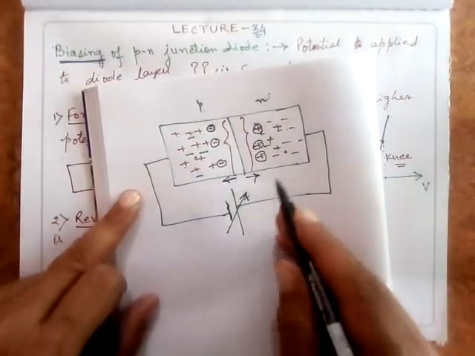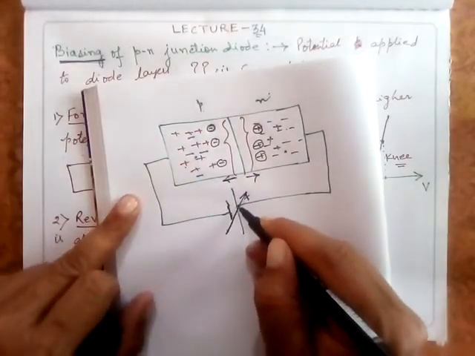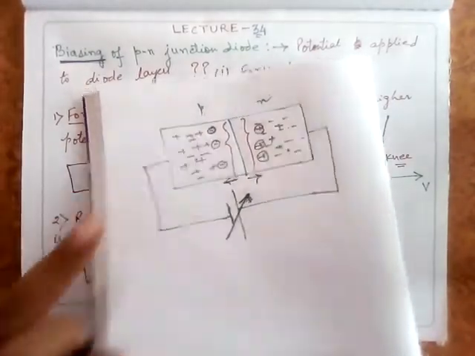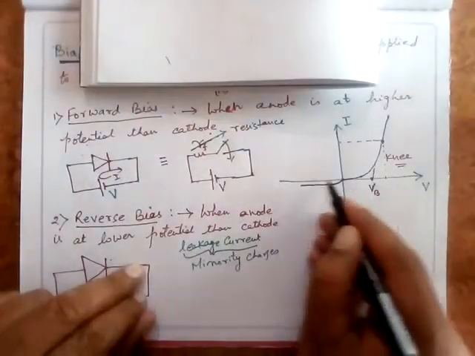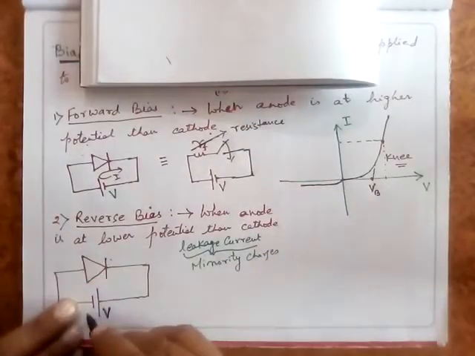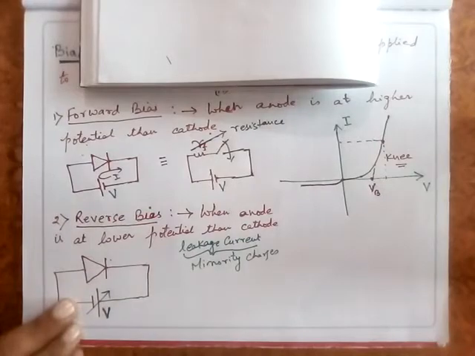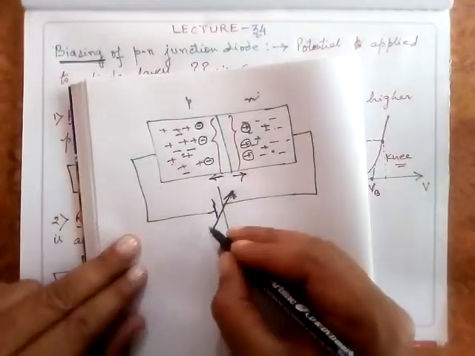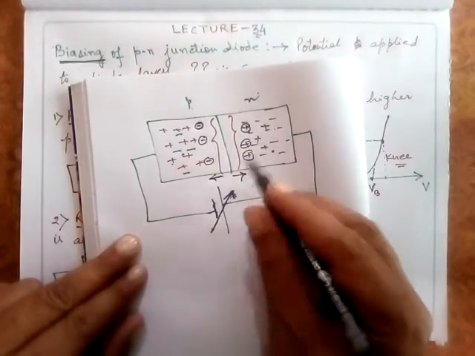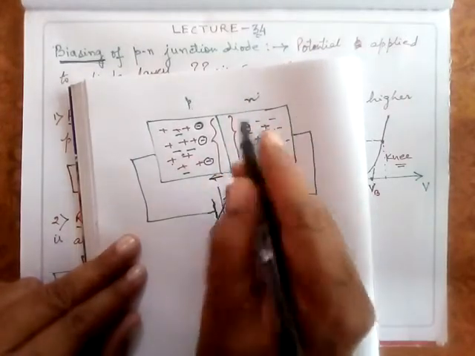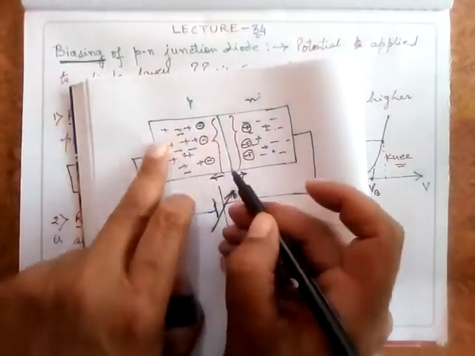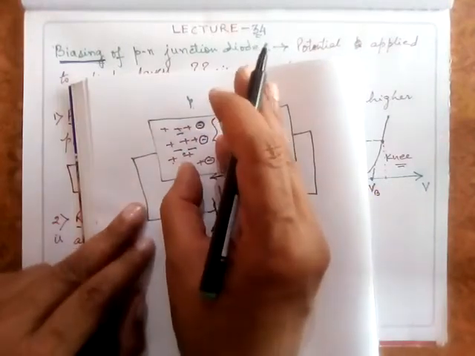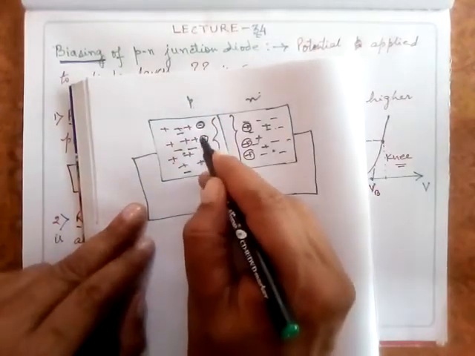Now try to understand this. If I keep on increasing this voltage, that is, if I am increasing this reverse voltage, a stage will come such that the kinetic energy of these electrons will increase and they'll break the covalent bonds here.